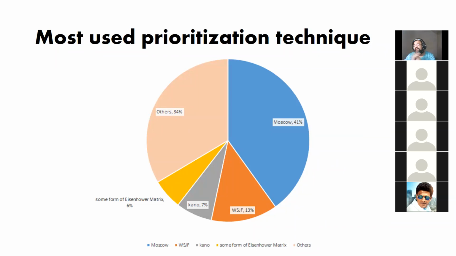There are a lot of other variants. So some are other forms, some 6%, and every other technique, RICE, 5 Whys, even ranking, all occupy the 34% of space. Okay, so MoSCoW, everybody knows what it is.